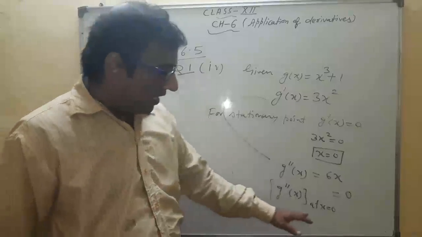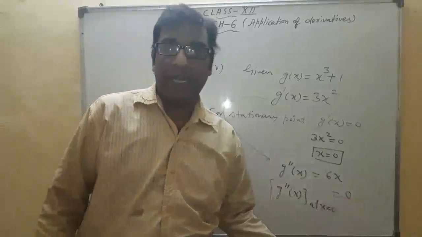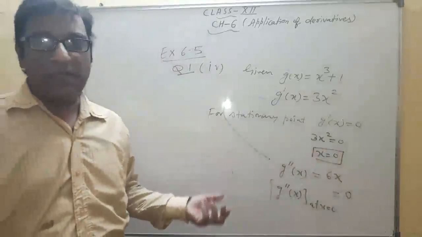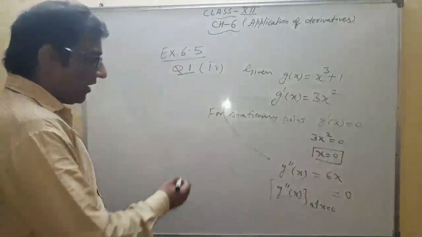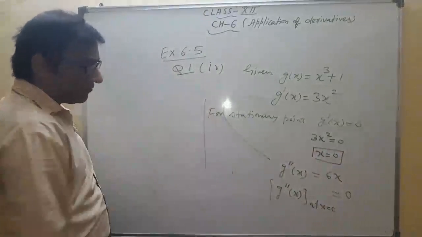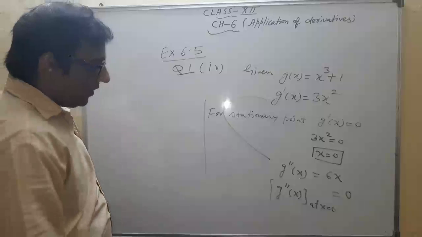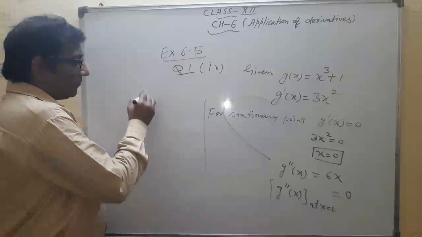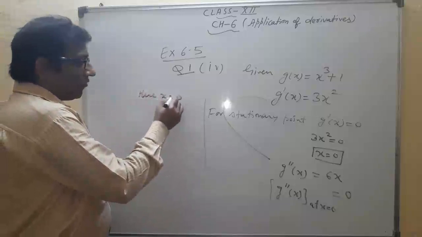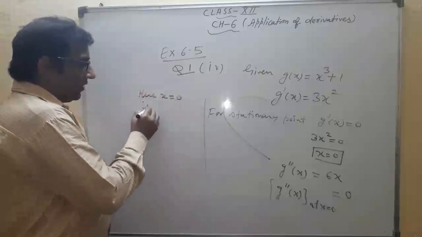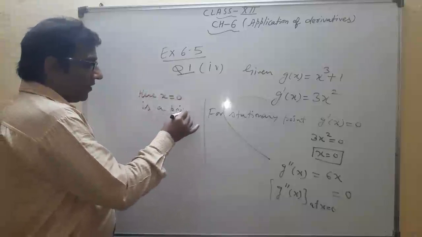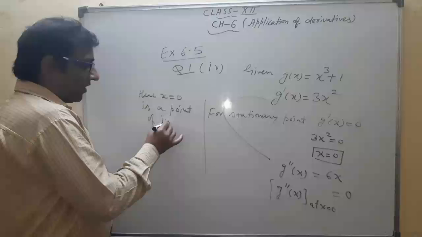So we can't identify whether it is positive or negative, because we know zero is neither positive nor negative. So in this case, what we can say is that x equals 0 is a point of inflection.